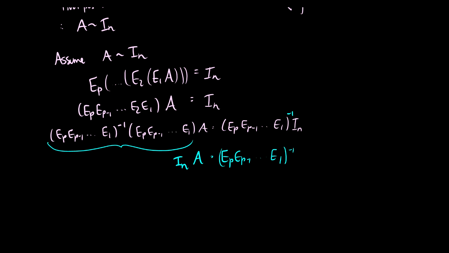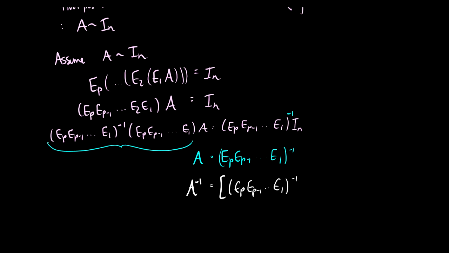This is important. What we're saying here is that A is just equal to the product of all of the elementary row operations inverse. This is useful because we know that A is invertible; we're assuming that A is invertible here. Therefore, A inverse is just going to be the inverse of all of this.